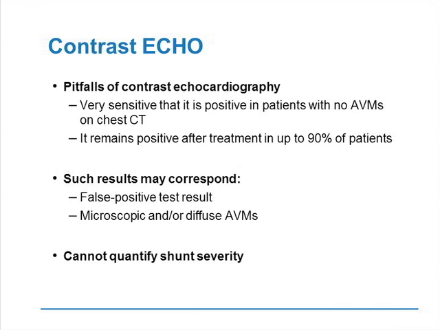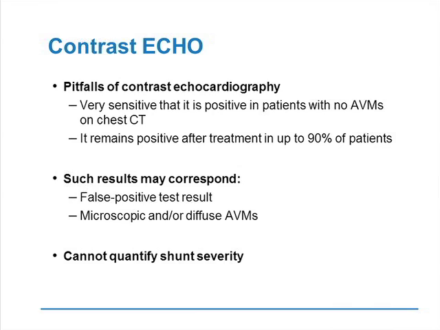So what does a positive study mean? Is this a false positive study? And in the past, people thought it could be, but right now we're starting to realize that these may actually be positive, because there was a paper that came out of Canada that showed a patient who had a microscopic AVM, meaning the bubble echo was positive but the CT was negative, and the patient died for an unrelated reason, and when they did an autopsy of the lungs, they did see microscopic AVMs.